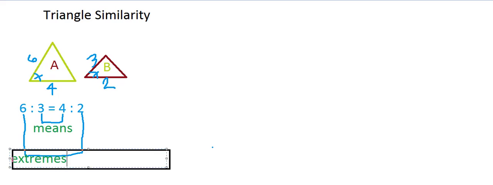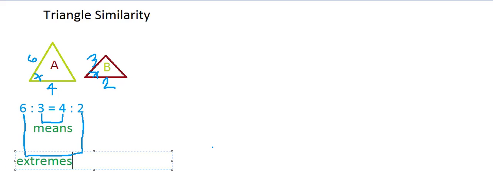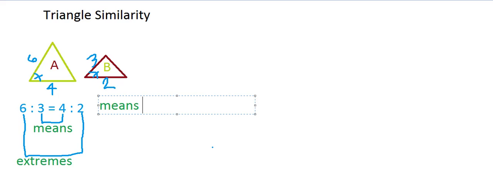Means and extremes. Now for us to check if they are proportional, means and extremes must be equal. So means must be equal to our extremes, so that these two ratios must be proportional.